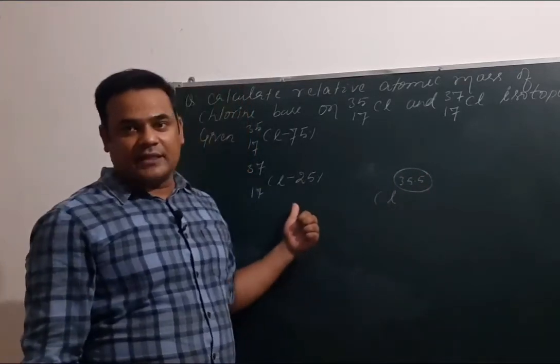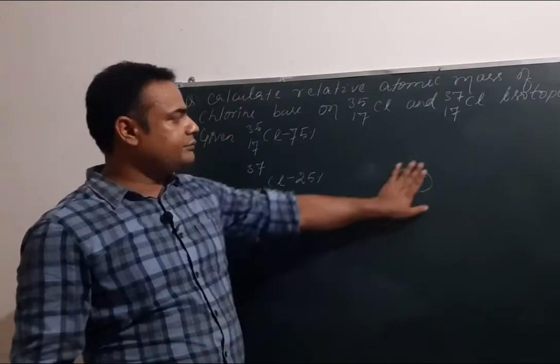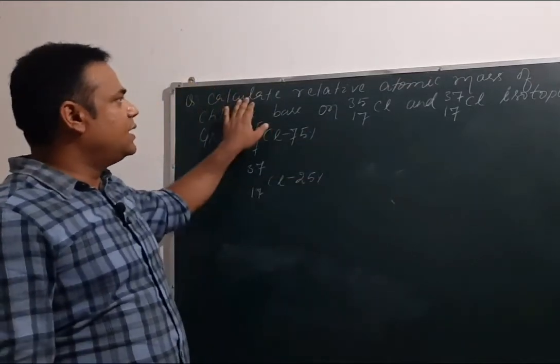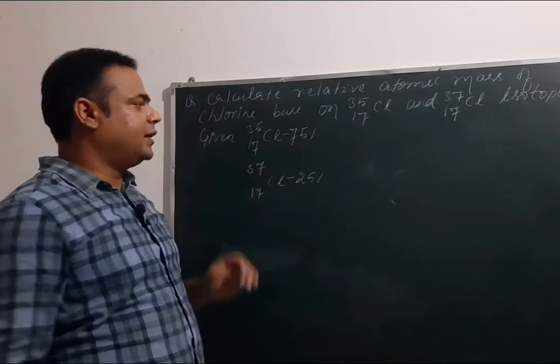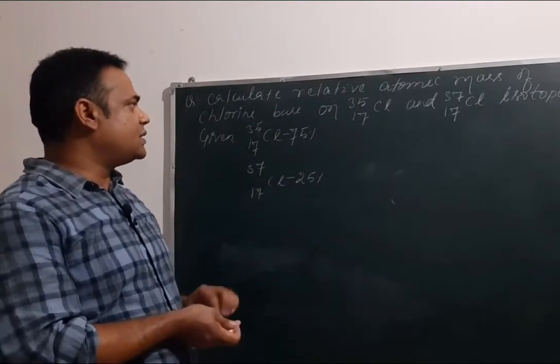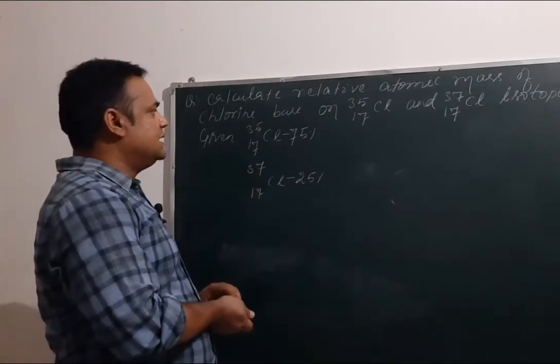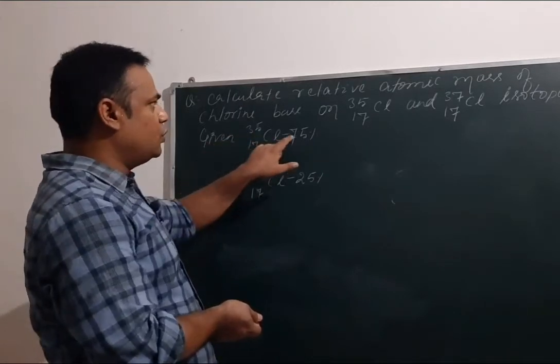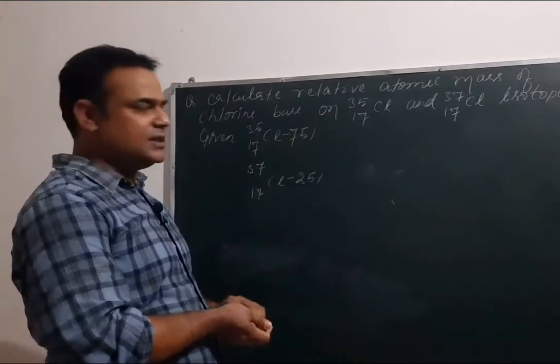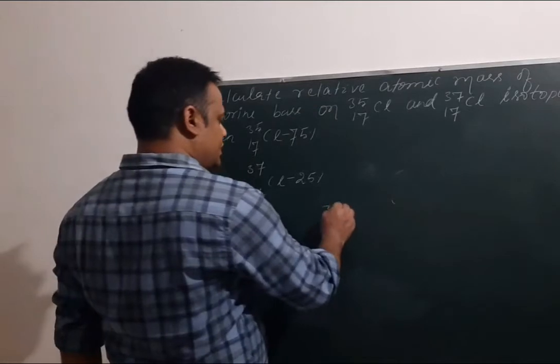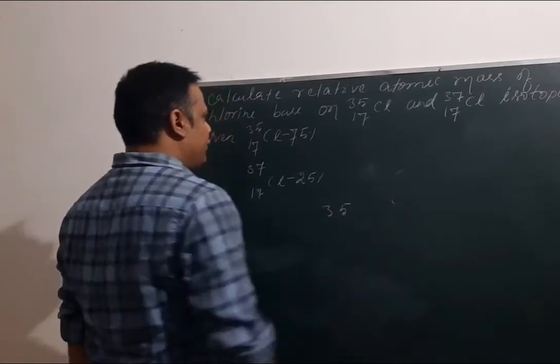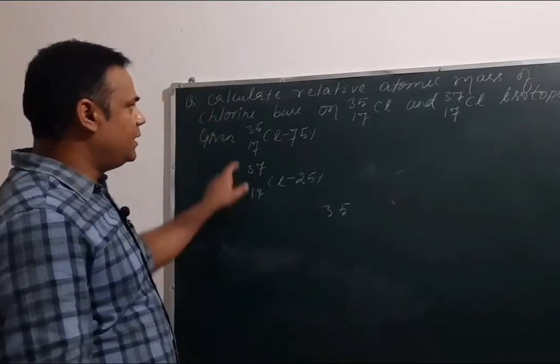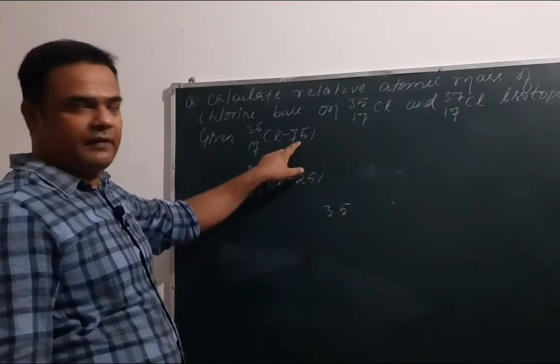So here is the answer to that confusion. Here we have to find the relative atomic mass of the chlorine atom. To find it, first we have to see the isotopes. The first isotope is 35/17 Cl, and its percentage is 75%.